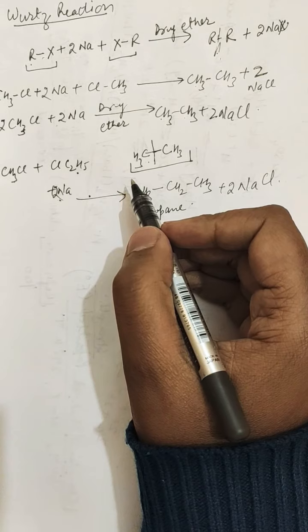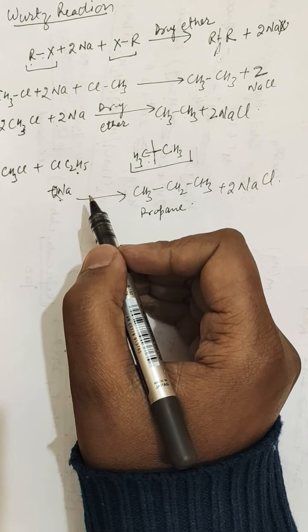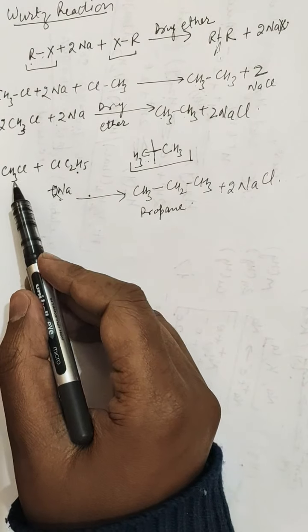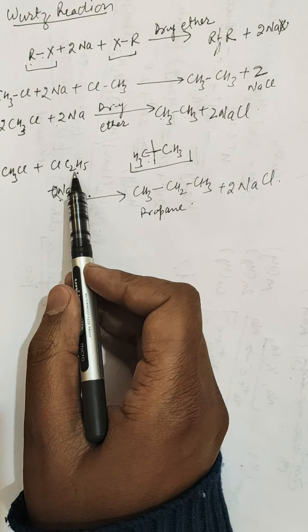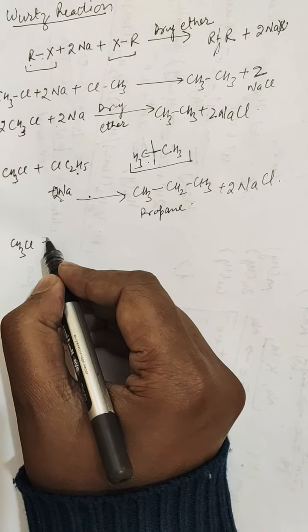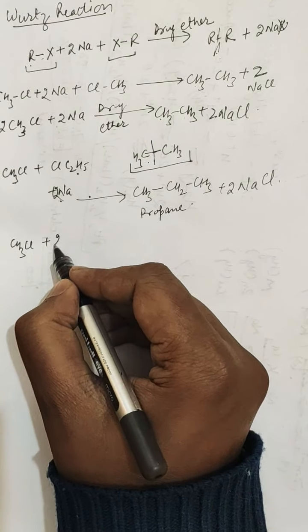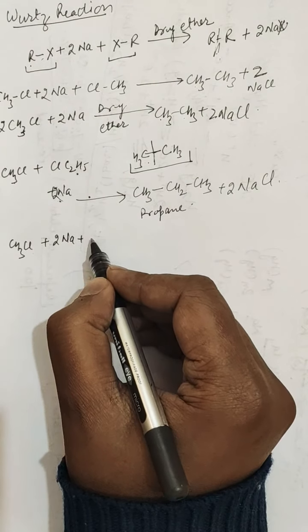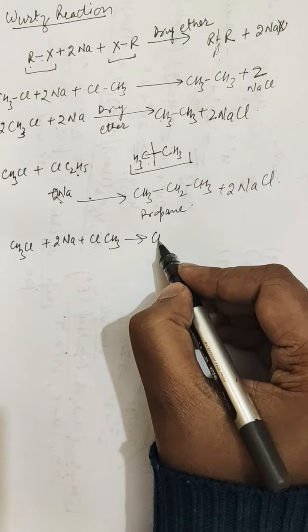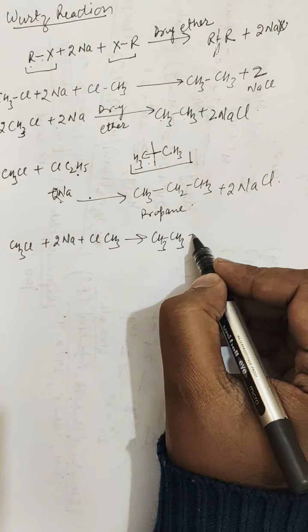The first side reaction is when we take in abundance this methyl chloride and ethyl chloride, there are many molecules of methyl chloride and they will react among themselves in the presence of sodium and result in the formation of ethane.